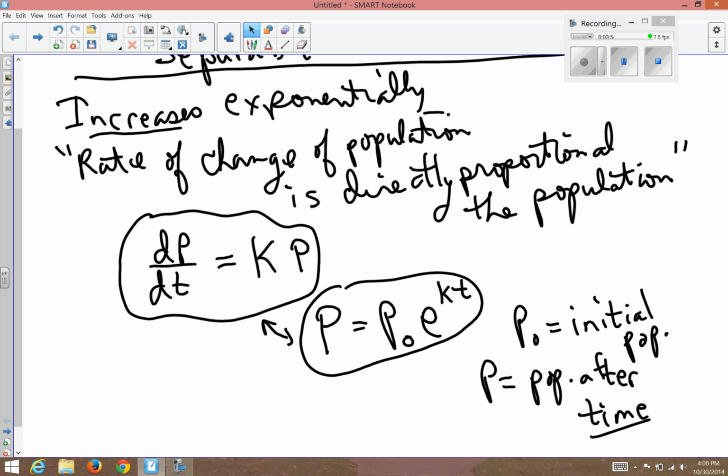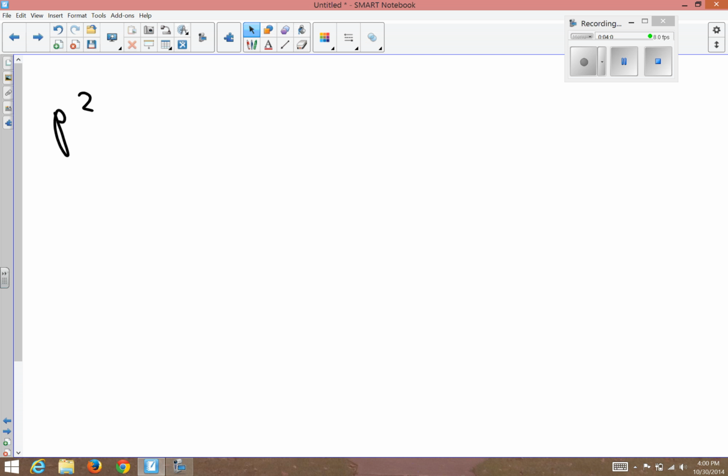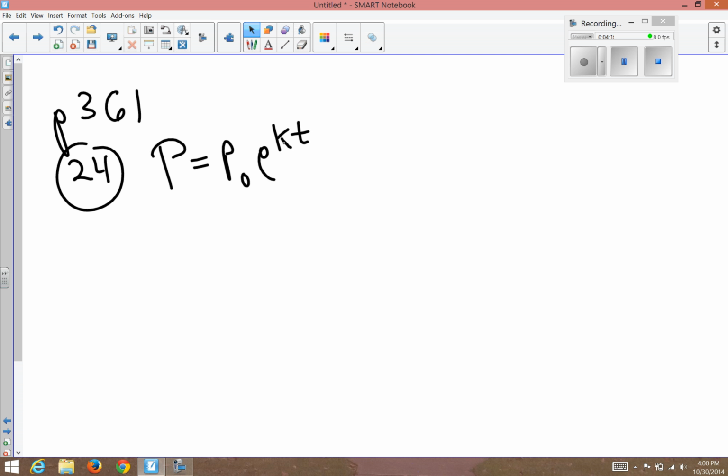We can discuss how we get that at another time, but right now we're just going to do page 361, exercise 24. A colony of bacteria is grown under ideal conditions in a laboratory so that the population increases exponentially. That means P equals P sub 0 e to the kt. That's what grows exponentially means.